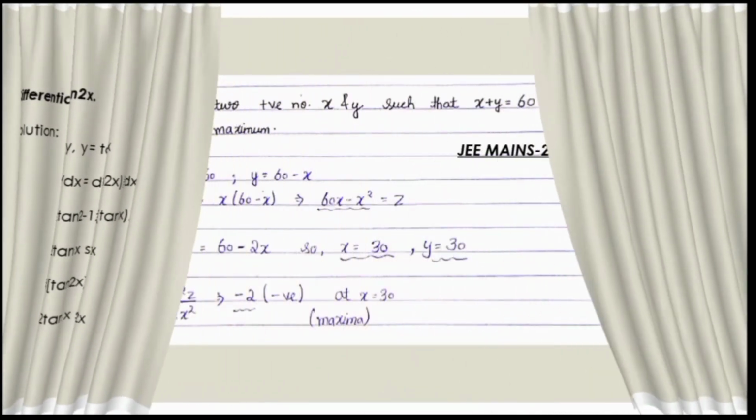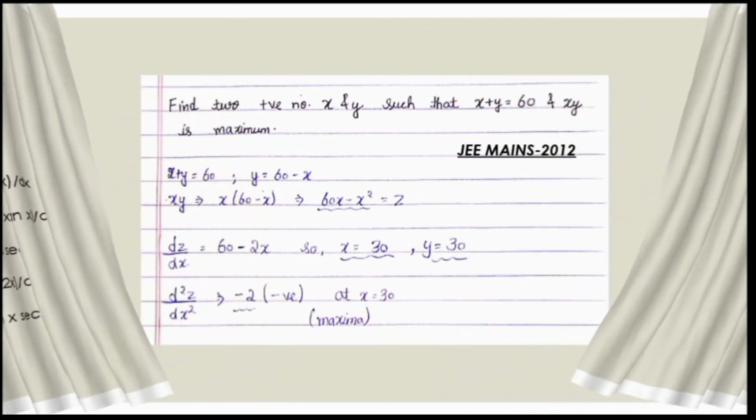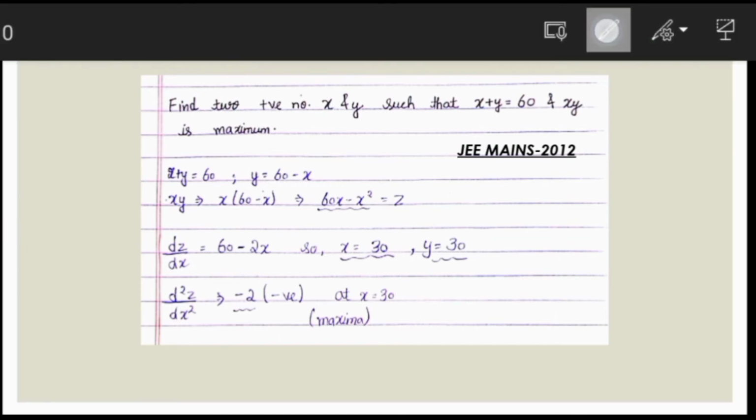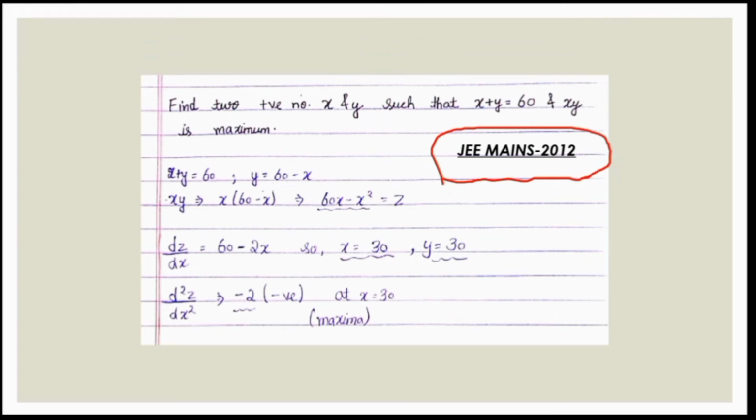Our third question, note this question was asked in JEE Mains Round 12. The question says that we have to find two numbers x and y such that x plus y is 60 and x into y is maximum.